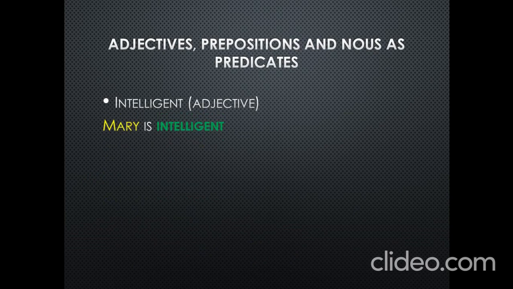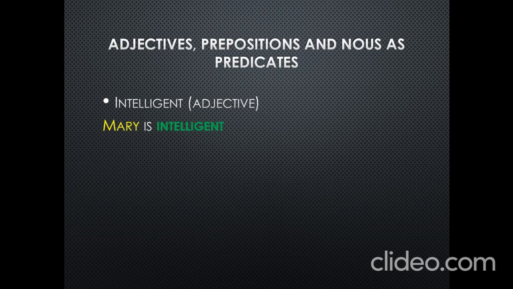So we have a sentence like "Mary is intelligent." So in order to identify the predicate or the predicator, we need to strip away, we need to identify first the referring expressions, the arguments. So in this sentence, the only argument, the only word that has the capacity of referring to someone in particular in the real world is Mary, right?